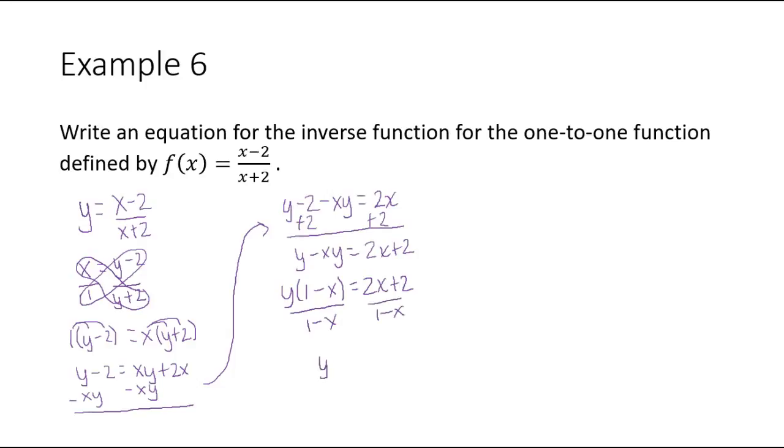So y is going to be equal to 2x plus 2 divided by 1 minus x. And when I replace that y with its function notation, the inverse function becomes f inverse of x is equal to 2x plus 2 divided by 1 minus x.